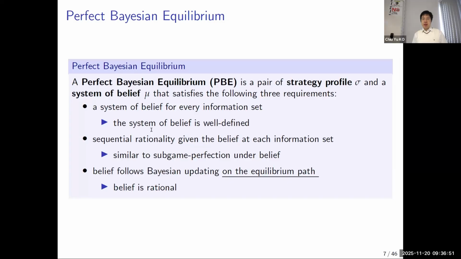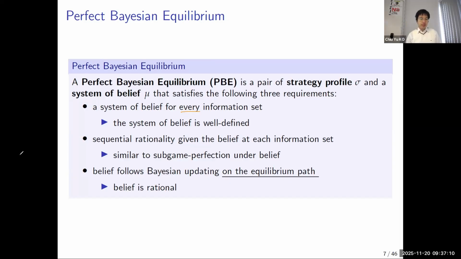So the key here is that the perfect Bayesian equilibrium has to satisfy this for every information set. That actually means that you have to put belief even though in equilibrium those nodes are not reached.